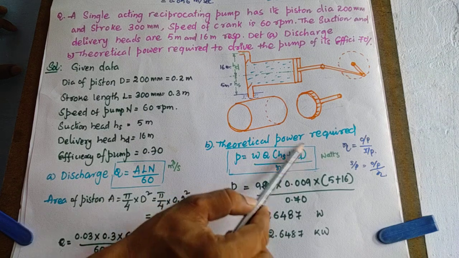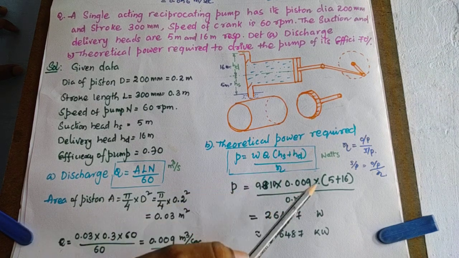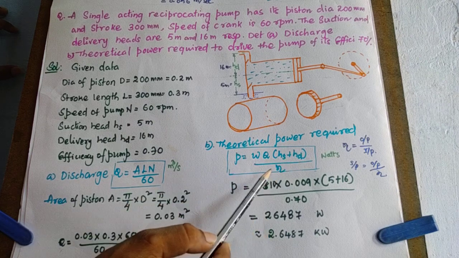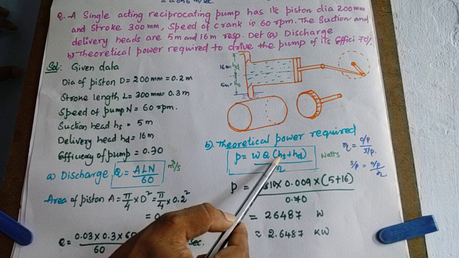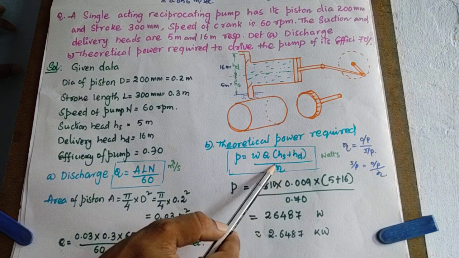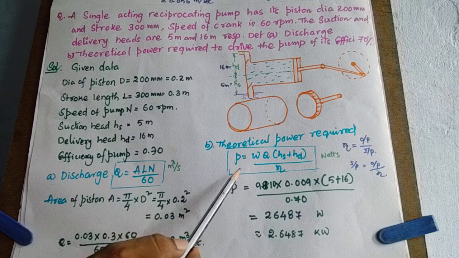So you have to consider that total head only, that is, the sum of the suction plus delivery heads. So finally, power equals WQH, where H equals HS plus HD, divided by efficiency. From this formula only we are taking this value.